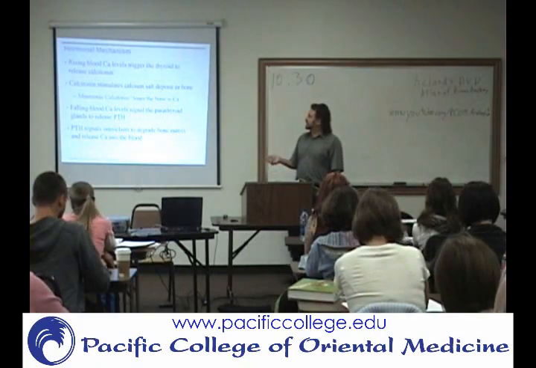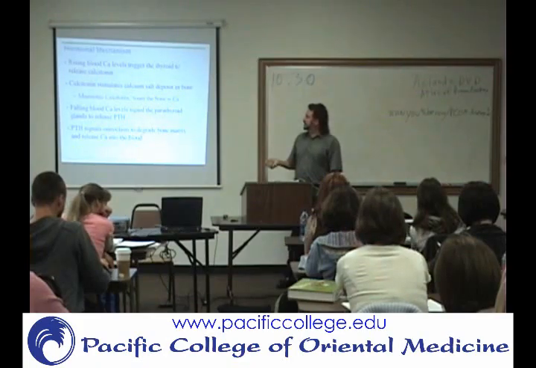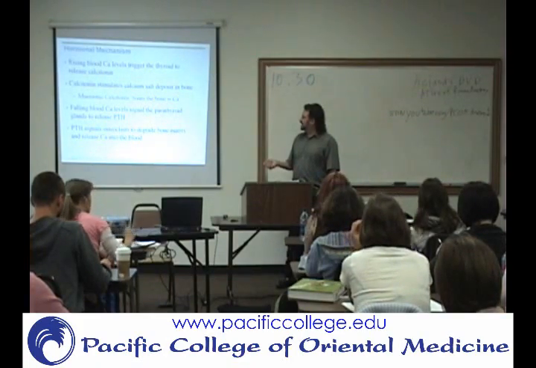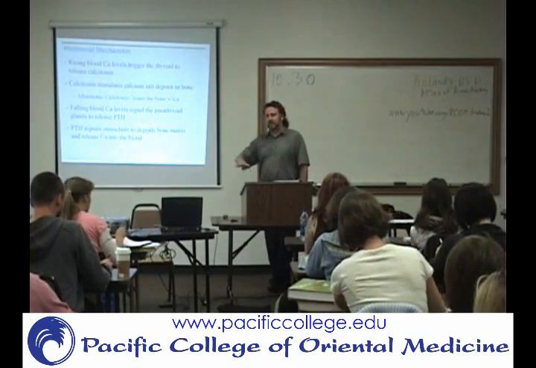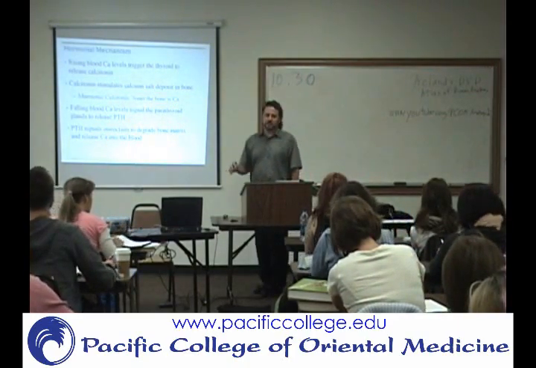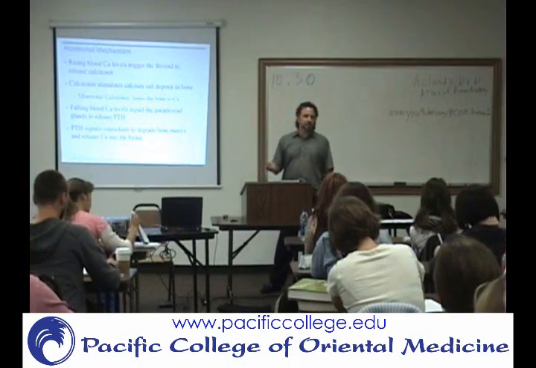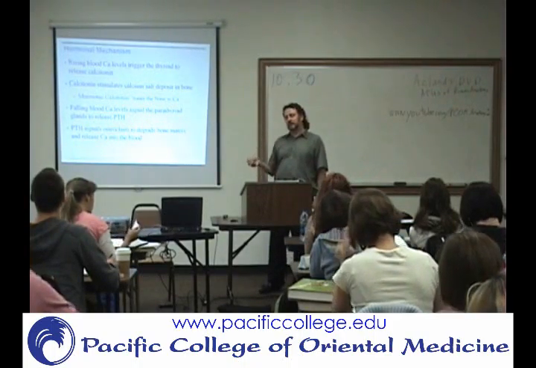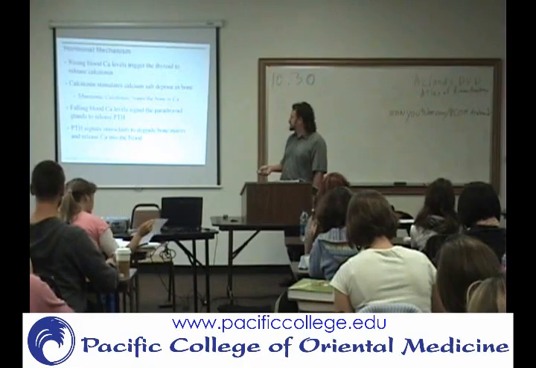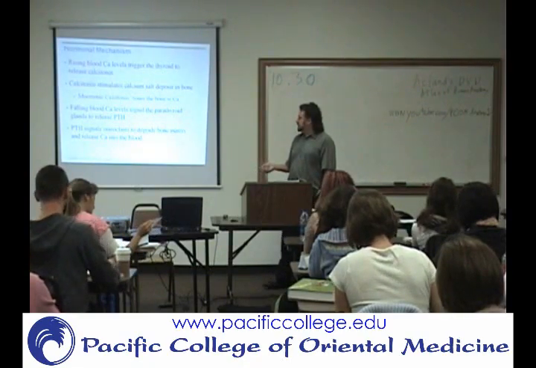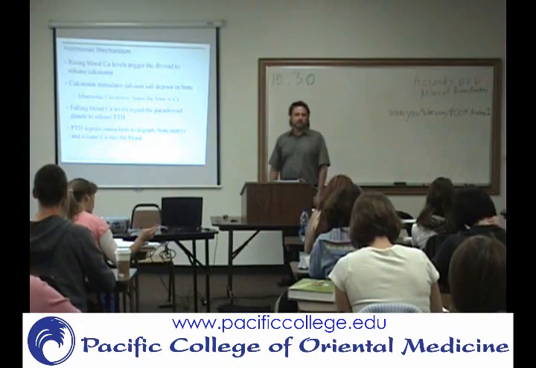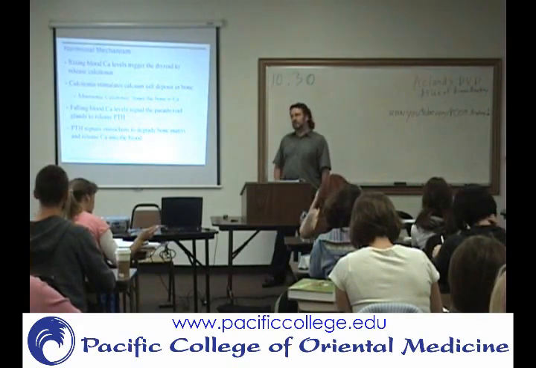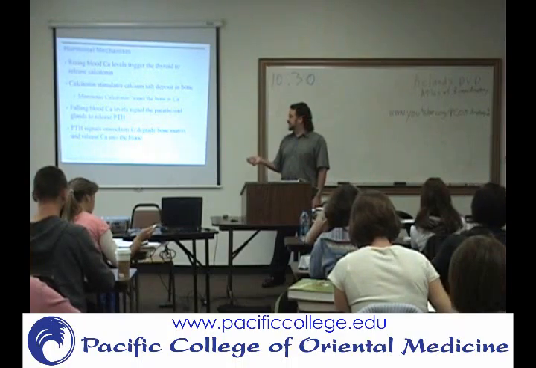Calcitonin stimulates calcium deposits in the bones, and then if levels fall, if there's low calcium in the blood, the parathyroid hormone kicks in, and that's what causes bone reabsorption, where calcium is taken out of the bones and put back into the blood. So the parathyroid hormone stimulates osteoclasts, which break down the bone.